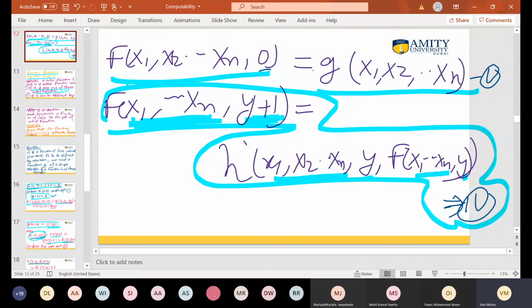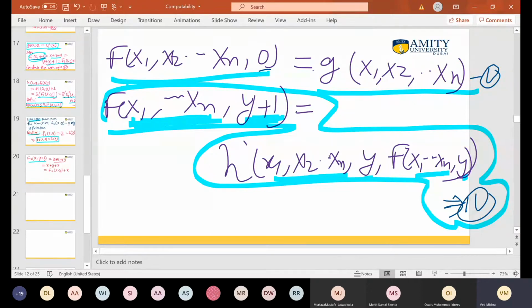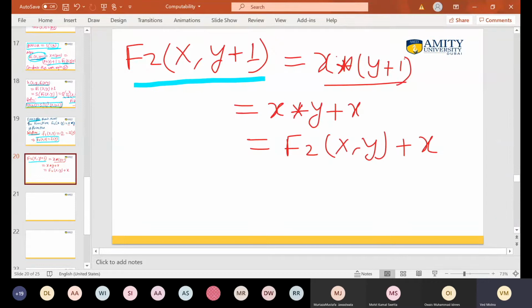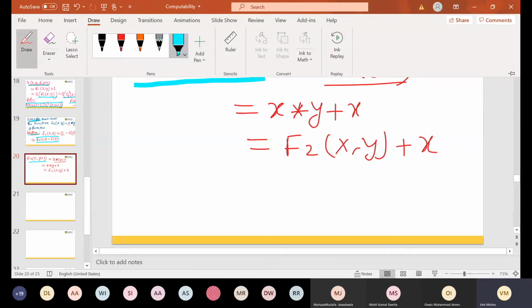So can you write in this form, in the form of h? So what can you write if you are comparing?